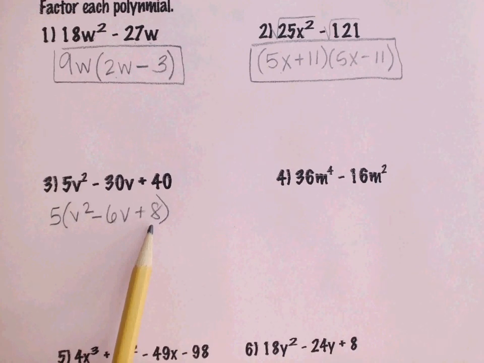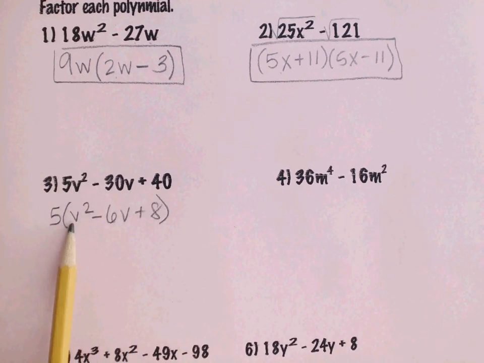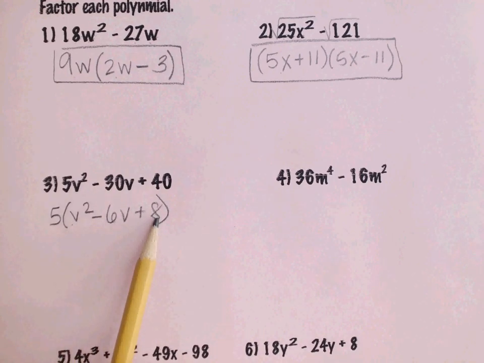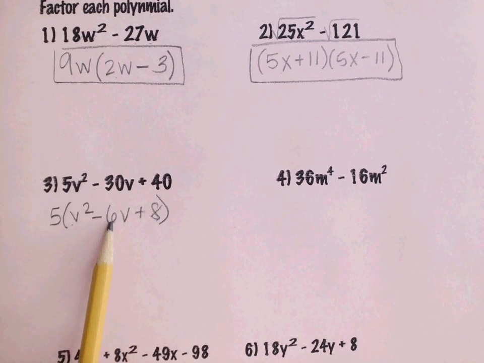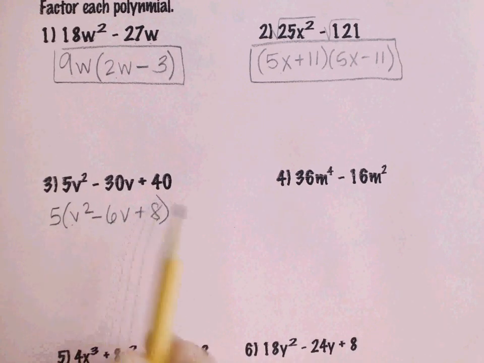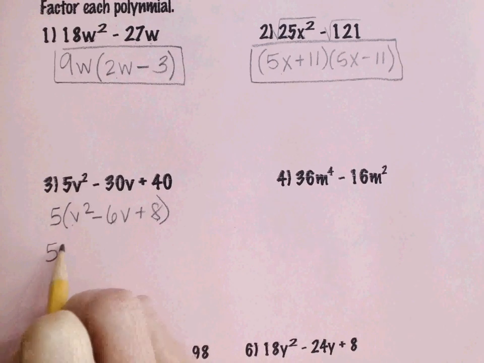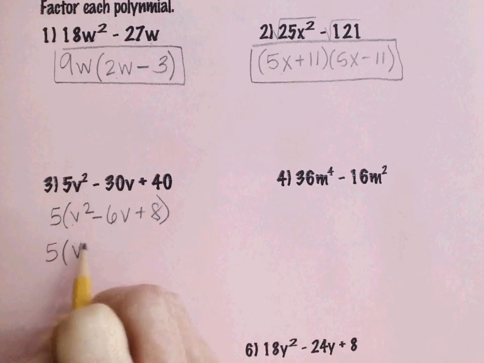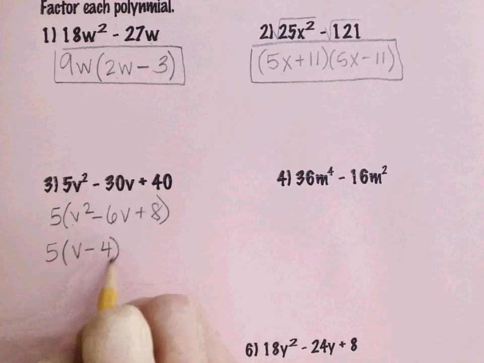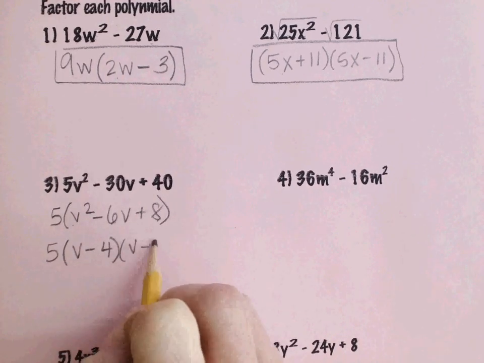With three terms, I have to think about trinomial factoring. My a equals 1, so it's going to be factors of 8 that add to negative 6. And so that's going to be negative 4 and negative 2. So when I write my final answer, I'm going to drop down that 5, v minus 4, v minus 2.